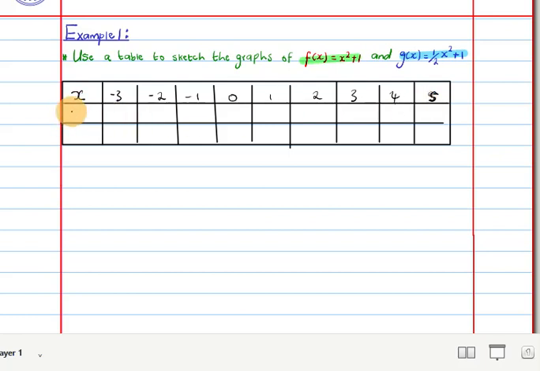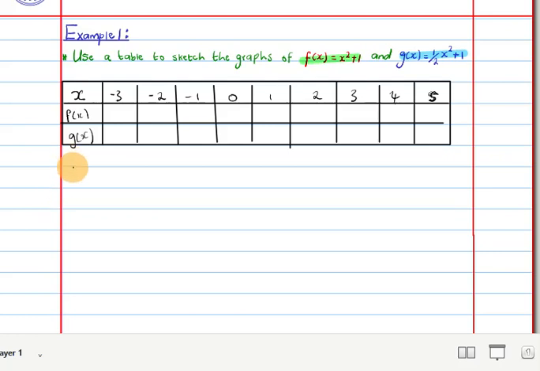Here I have f at x, and here I have g at x. If you want to find an output for f at x, you take the value of x, plug it where you see x, square it, and add 1, and then you get the value of f at -3.